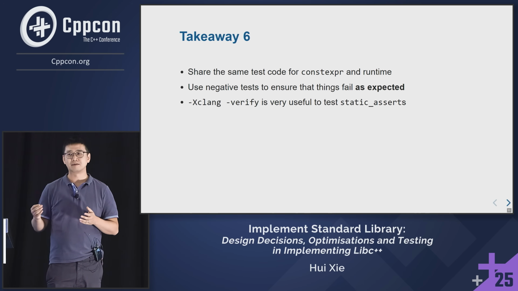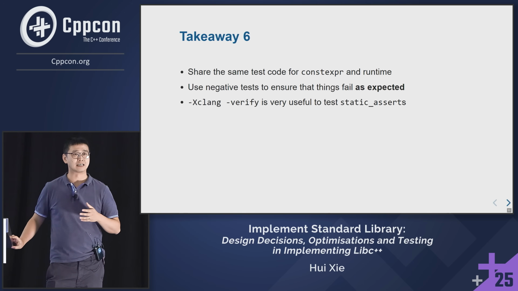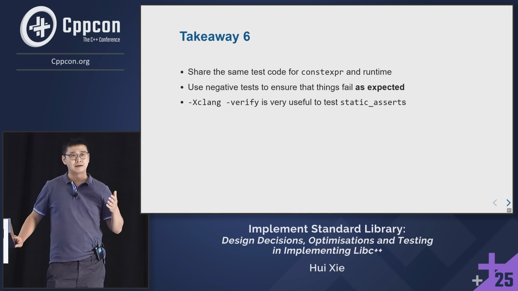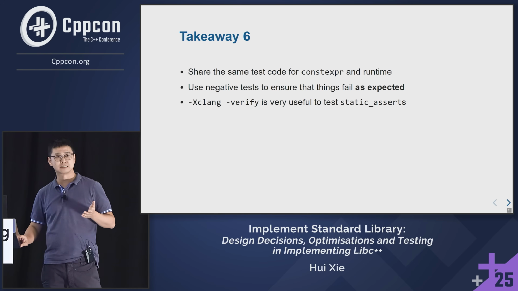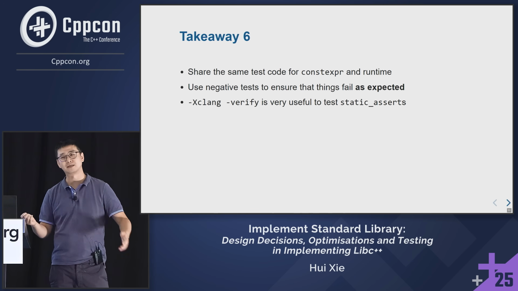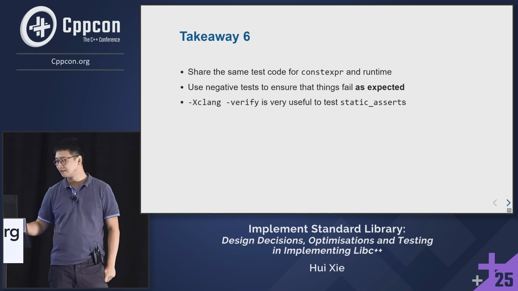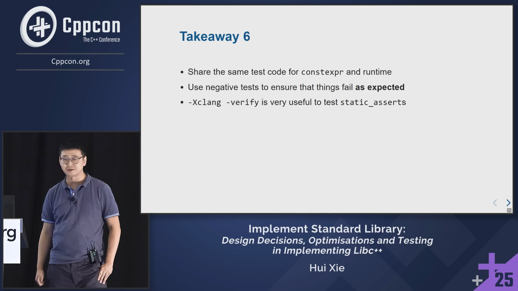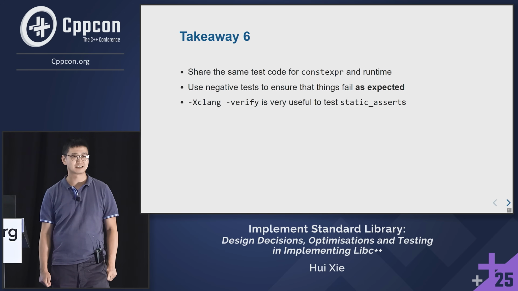We need to make sure that it fails in the expected way. Produce either a static assertion compiler error message or a runtime assertion failure. And lastly, this compiler flag is very useful to test static assert.